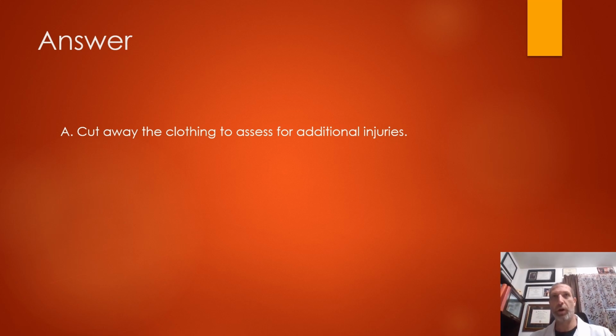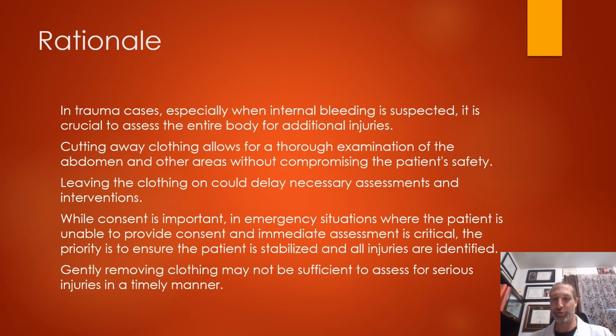Maybe they're altered and we have no idea why they're confused with their presentation. It may not be until we cut the clothing that all of a sudden we look at the belly and see ecchymosis or bruising starting to appear. Then we press on the belly, extremely gently, and we feel it's firm. The reason why they are confused is because they have internal bleeding. Does that make sense? All right, let's look at our rationales.